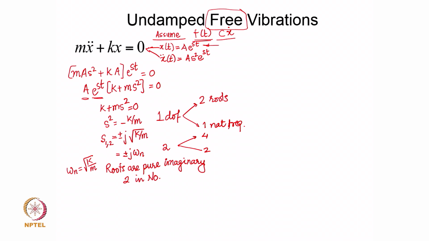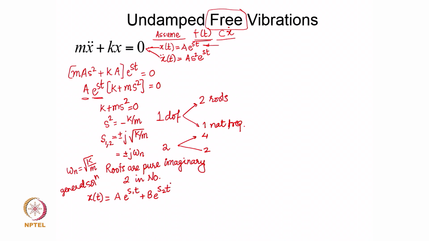Okay. Now, if there are these 2 roots possible, then if I substitute these roots that I have obtained into the assumed solution, because both roots are possible, I can then write the general solution of the governing equation as x of t equals a e to the power s 1 t plus b e to the power s 2 t.